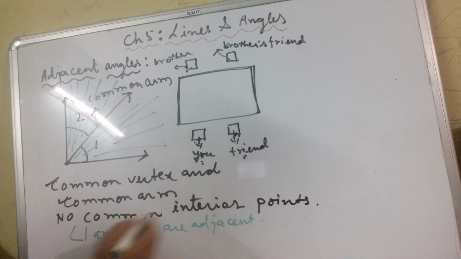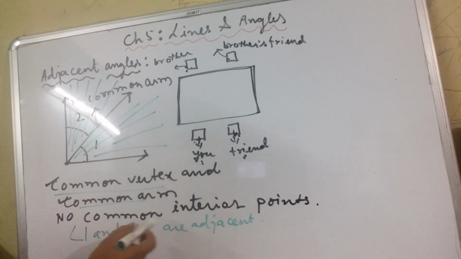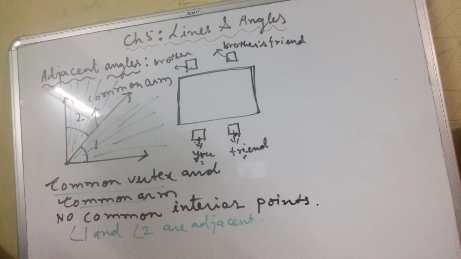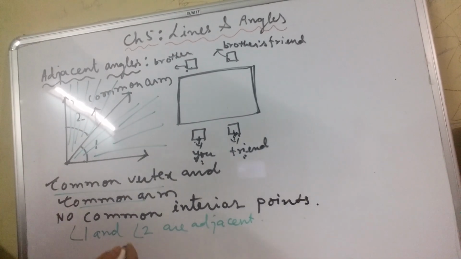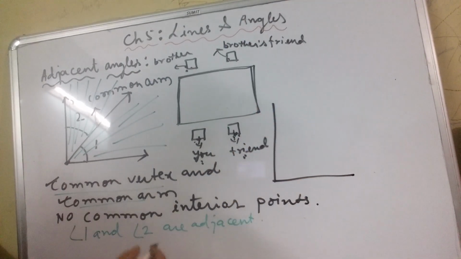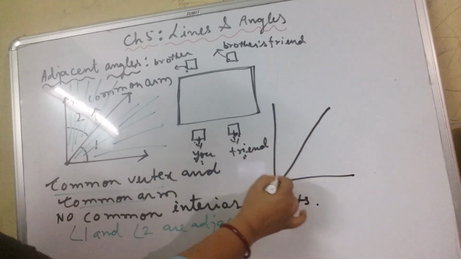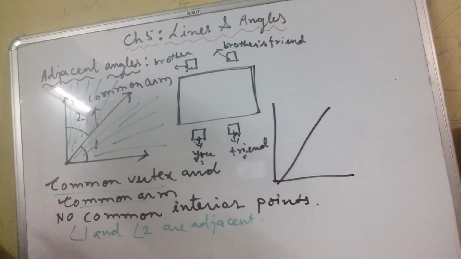Now one question may come to your mind: common vertex is fine and common arm also, but why am I talking about common interior points? Let's take an example. Say this is an angle.